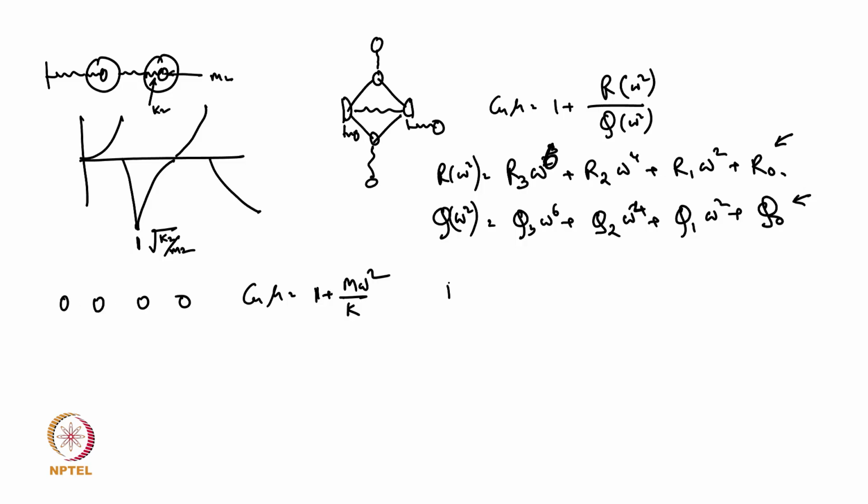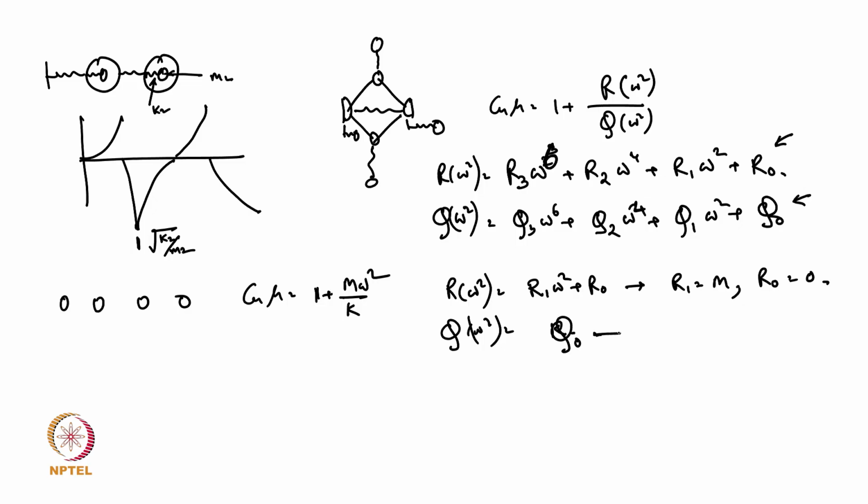So in that case, r omega square is only r1 omega square plus r0, and here r1 is basically my m and r0 is 0. And what is q omega square? Q omega square is basically k only. So that means q omega square is q0 and q0 is k.